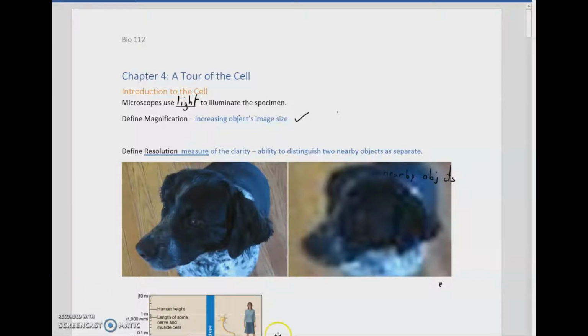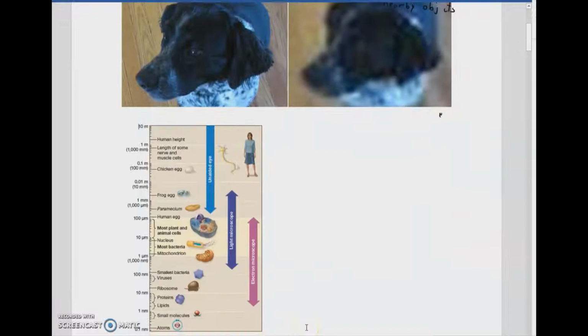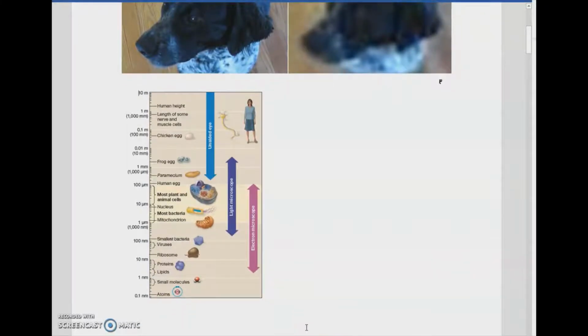So before we go on, let's look at what our microscopes can and can't tell us. The unaided eye can see down to a little less than a micrometer. The light microscopes are generally used from about here down to here. We can see some bacteria with a light microscope, but we can't see the very smallest bacteria.